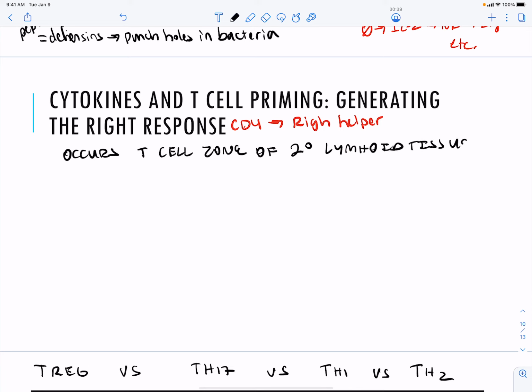So this would be your lymph node, the white pulp of your spleen, things like that. So the DCs are going to be what activates your T cells. So DCs are going to be activated at tissue with the danger signal.